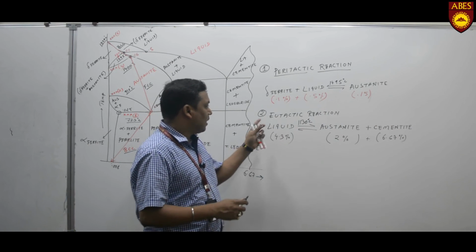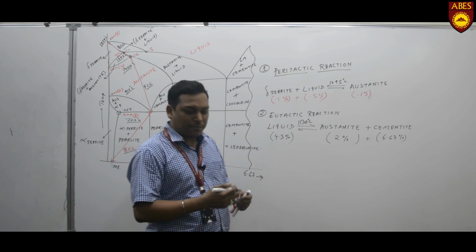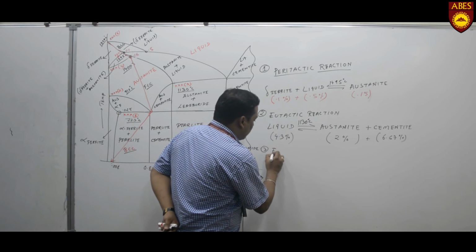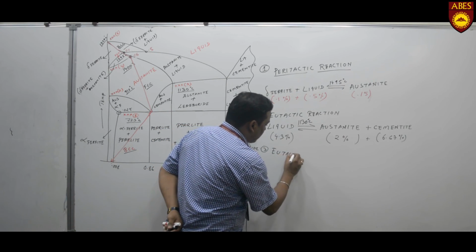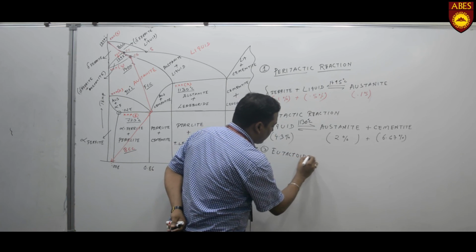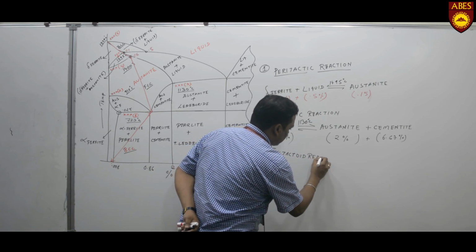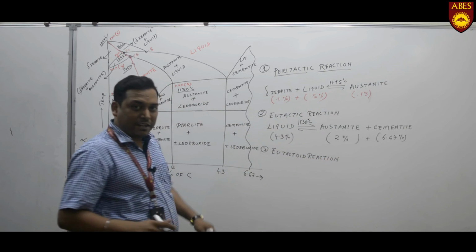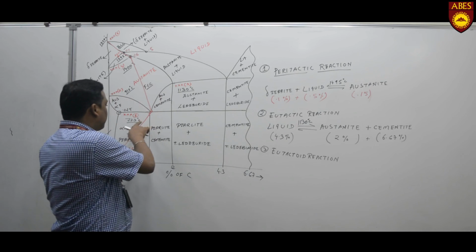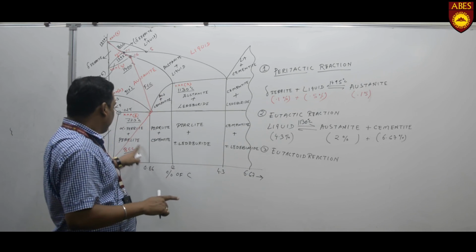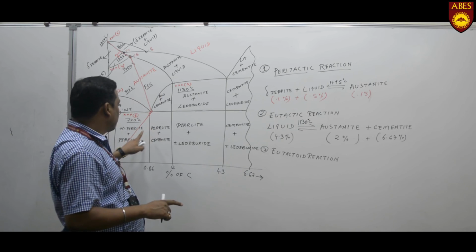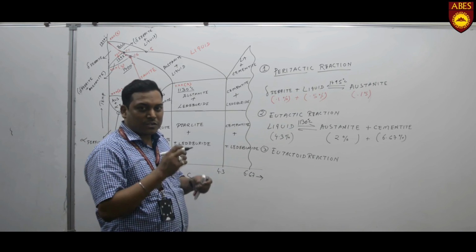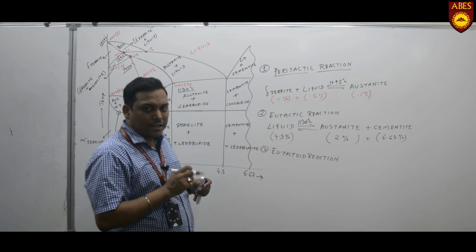After the eutectic reaction there is one more reaction remaining. Number 3 is the eutectoid reaction. The eutectoid reaction occurs at 723 degrees centigrade, where austenite transforms into alpha ferrite and cementite.